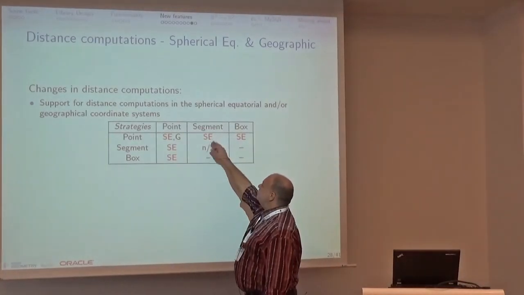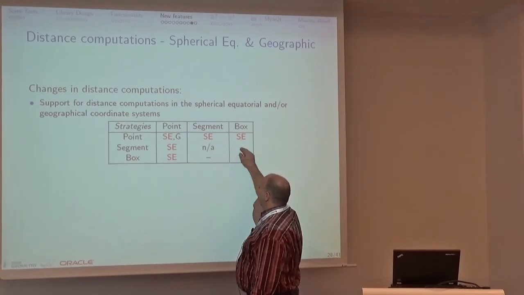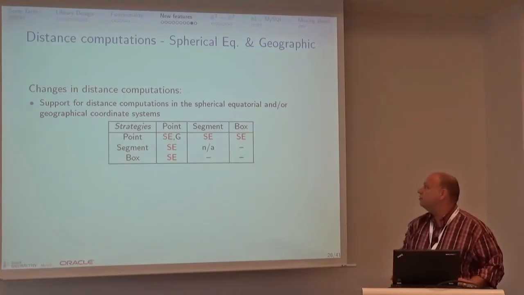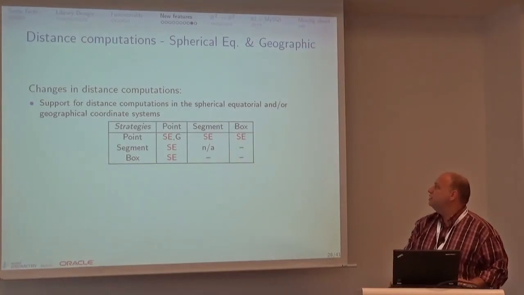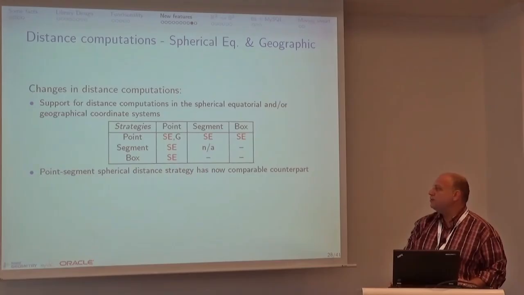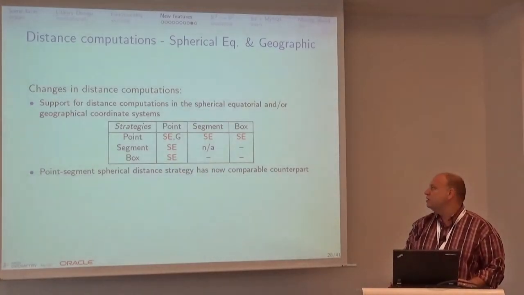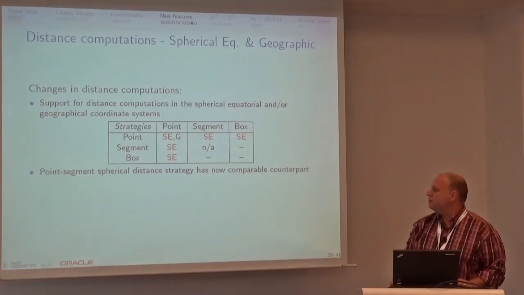Segment is not really interesting here, and we have two more combinations to worry about that we need to implement in the near future. What is new here is that the point-segment spherical distance strategy did not have a comparable counterpart. Now it has, so it's really synchronized with the rest of the distance computations on the sphere.